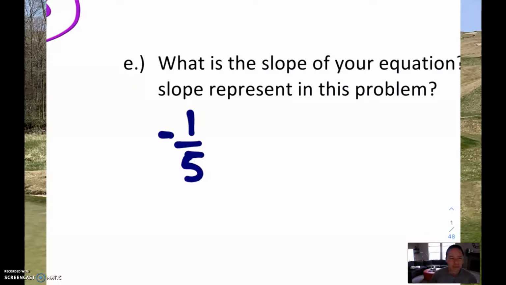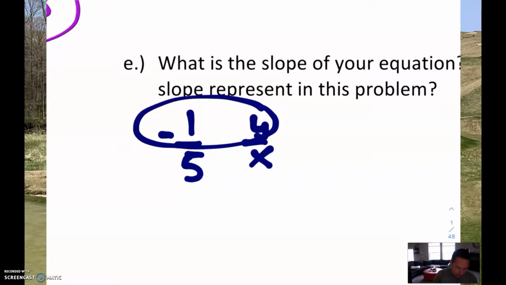And now I'm going to remind you a little bit again from quarter 2. Remember, the slope is the change in y over the change in x. So now let's remember, what did y represent? Well, y represented the battery that was remaining. So the change in y, what this means is the battery is going down by 1 over the change in x.